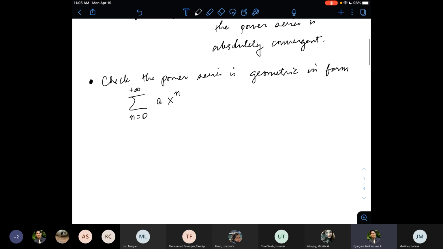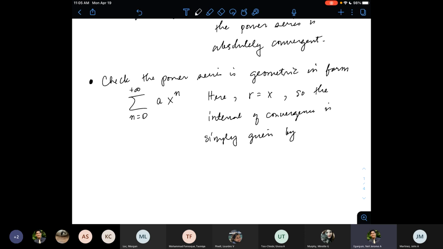Here, the common ratio is equal to x, so the interval of convergence is simply given by: remember, a geometric series will converge if the absolute value of r, in this case x, is less than 1. So that would be the interval of convergence for power series that are geometric in form.